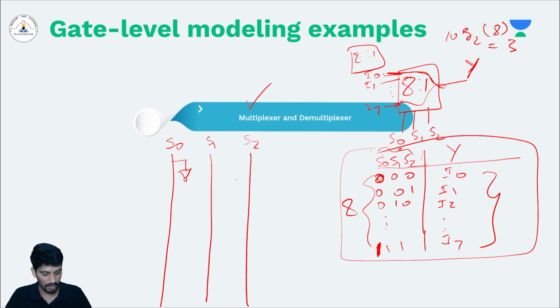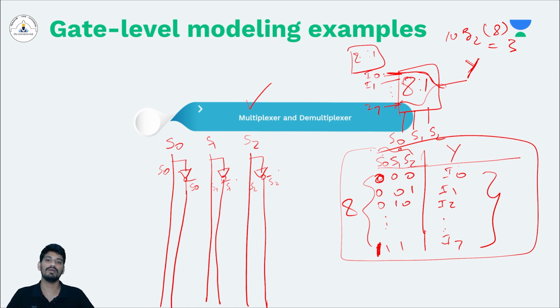So I have to have S0 as well as S0 bar. Similarly S1 and S1 bar, S2 and S2 bar. Once you have these 3 things, what you need to do? You have 8 different AND gates.